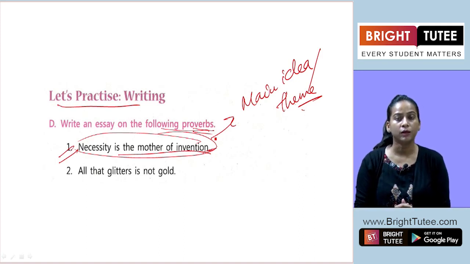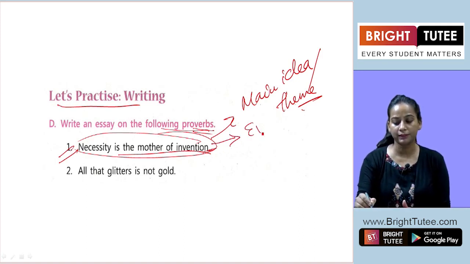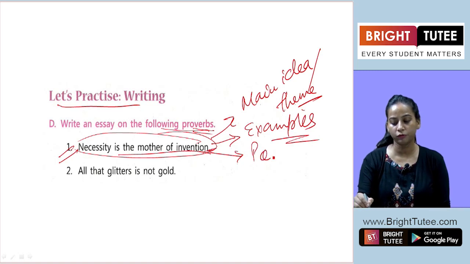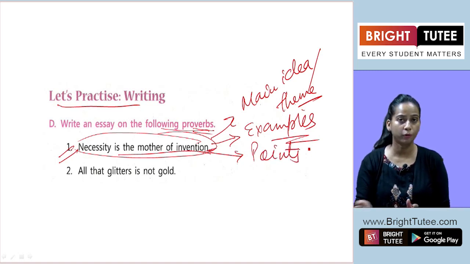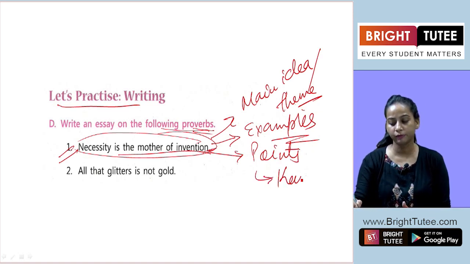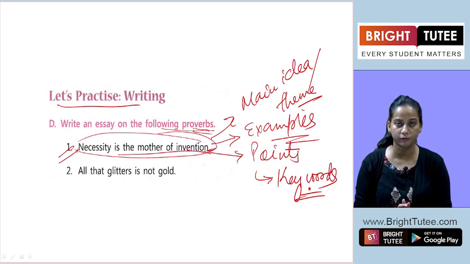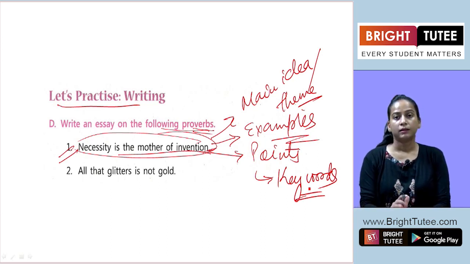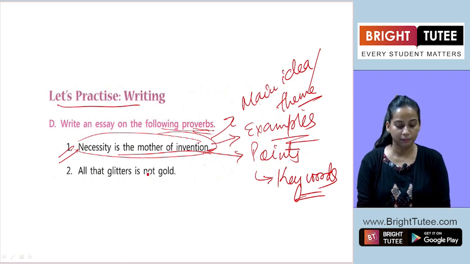Then you have to think of different examples to match with the given topic, and relevant points you need to jot down in the form of keywords so that it can help you frame them into different sentences. Clear? So here the topic given is necessity is the mother of invention.